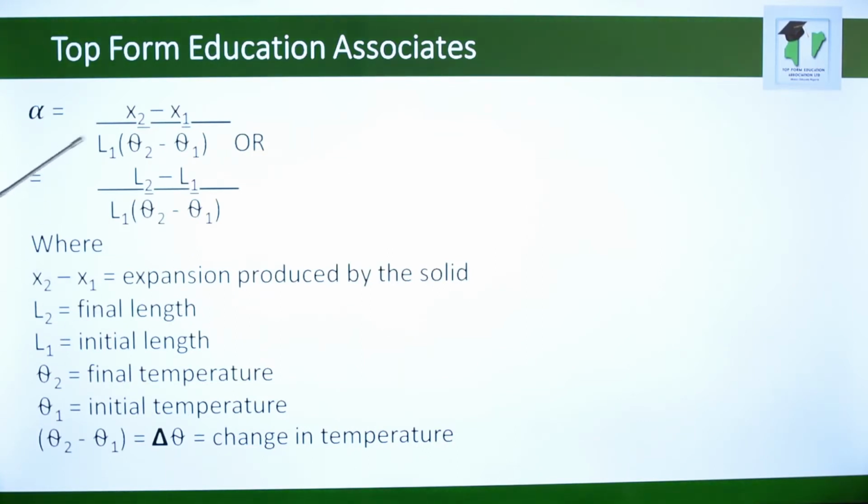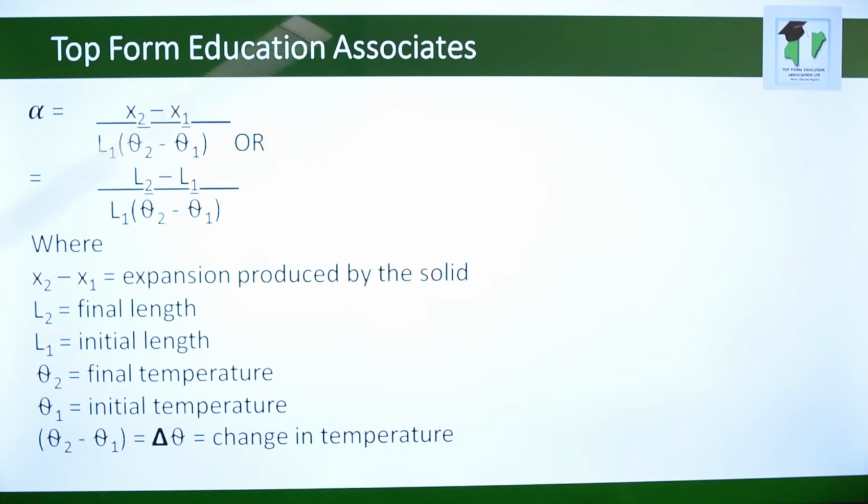Now, from here we have x2, the final length, minus x1, the original length, over L1, the original length, times theta 2 minus theta 1. So theta 2 here is the final temperature, and theta 1 is what? Initial temperature. So we can have it in some text: x2 minus x1 over L1 times theta 2 minus theta 1, meaning expansion over original length over change in what?